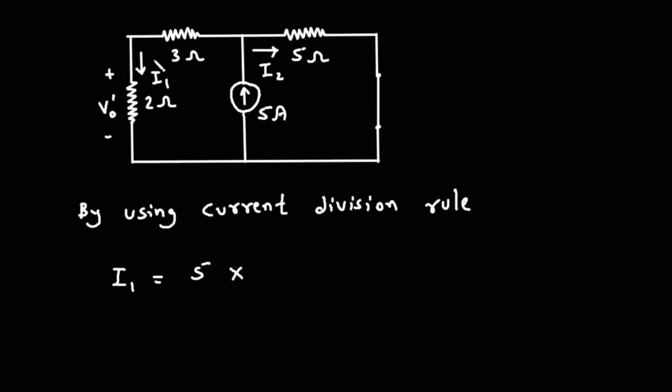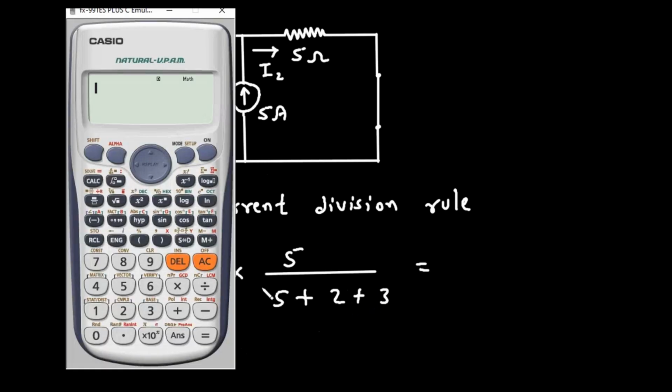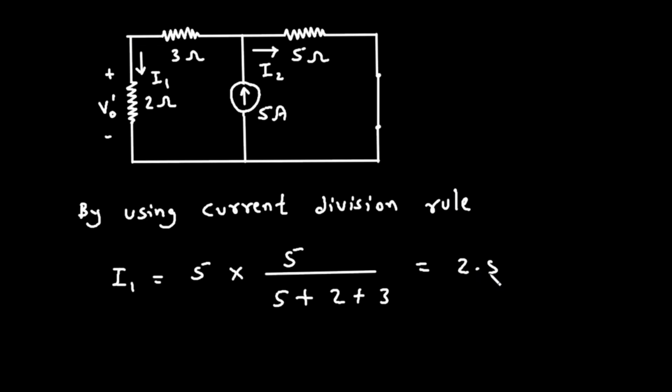Here the opposite branch resistance is this 5 ohm, divided by the same 5 ohm plus now these two, 2 plus 3. Let's put this in the calculator. 5 into 5 divided by 5 plus 2 plus 3. So it is 2.5 ampere. This is the value of I1.